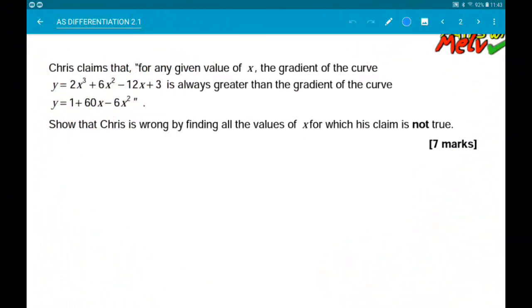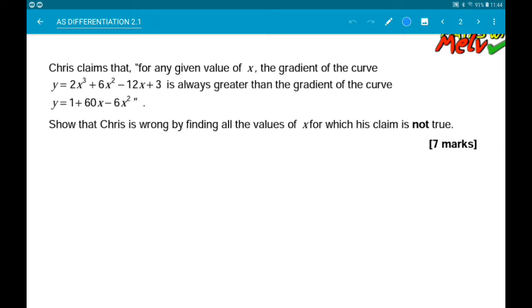Okay then, first up, the 7 marker. Chris claims that for any given value of x, the gradient of the curve y equals 2x cubed add 6x squared minus 12x add 3 is always greater than the gradient of the curve y equals 1 add 60x minus 6x squared.